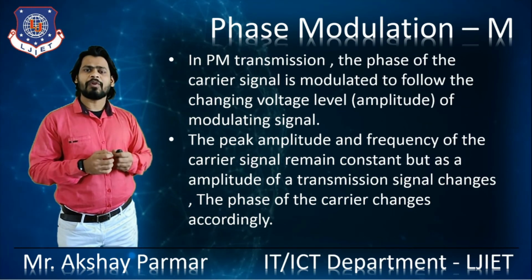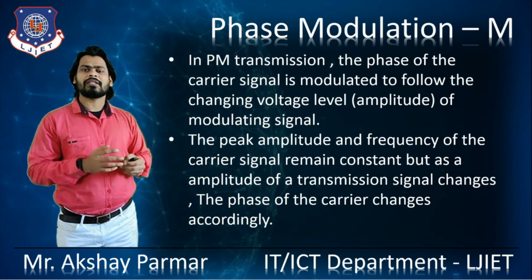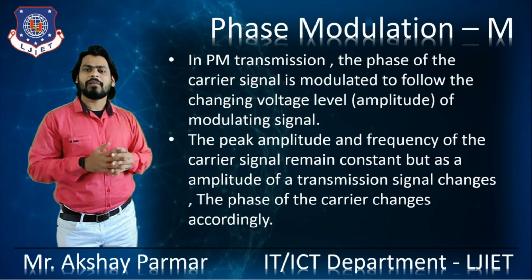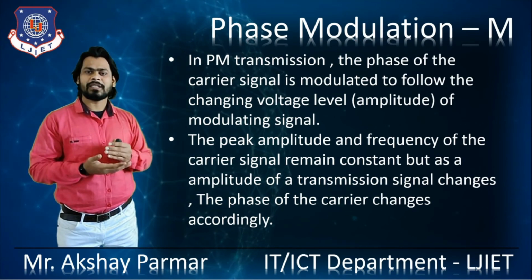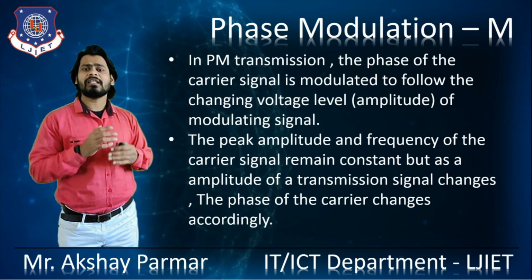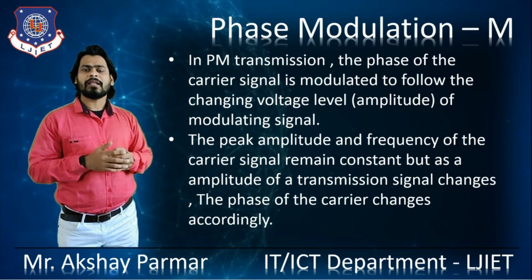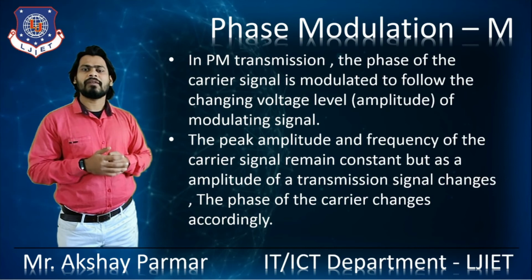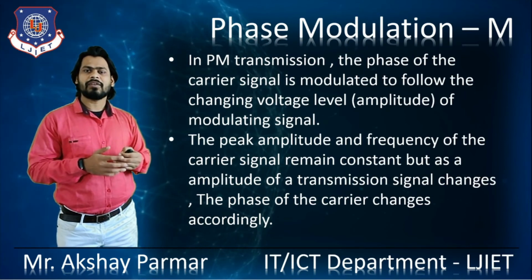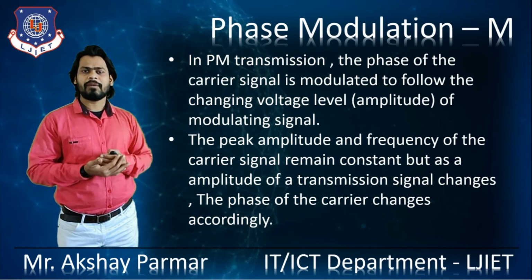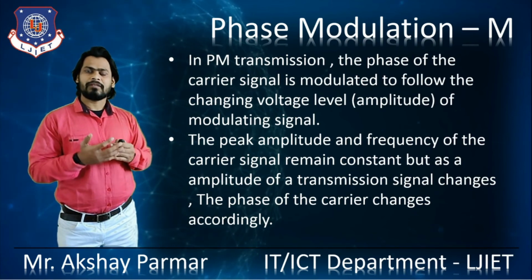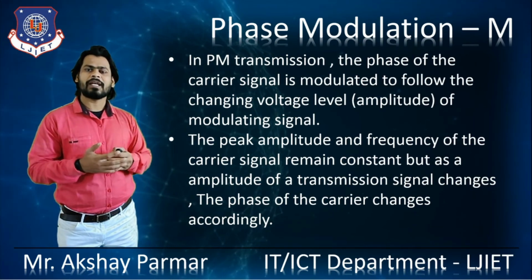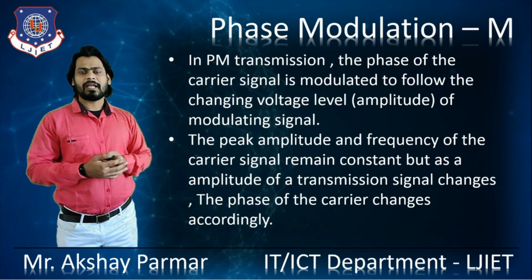The peak amplitude and the frequency of the carrier signal remain constant, but as the amplitude of the transmission signal changes, the phase of the carrier changes accordingly, right? In phase modulation, we don't worry about the signal changing its frequency, but whenever it changes its amplitude, we change the phase of the carrier signal, right?